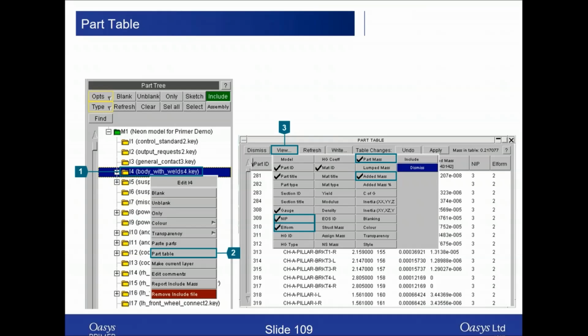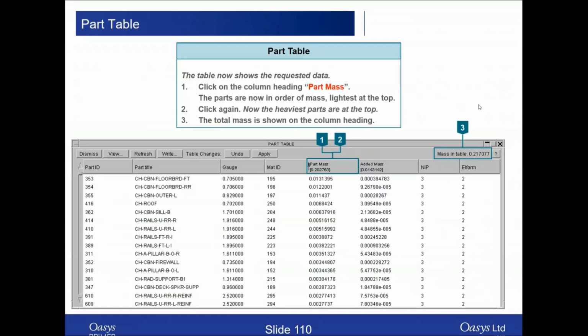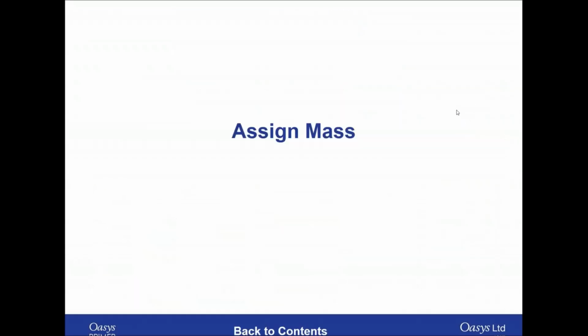But you might also want to consider time step added mass. You might also want to consider any star element mass part definitions that are associated with that part, or star element mass nodal definitions that are associated with that part. And quite often you have transference of mass through constrained nodal rigid bodies and so on. So there's loads of different ways that you can think about mass, and Primer can display all these different ways in the part table and present them to you, and you can investigate those quite easily.